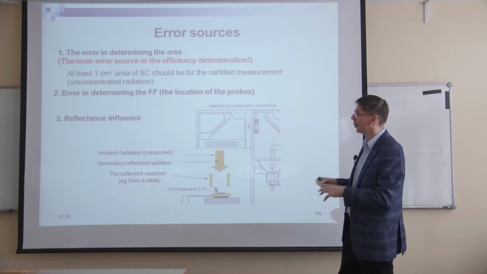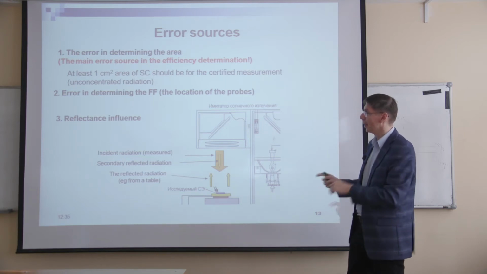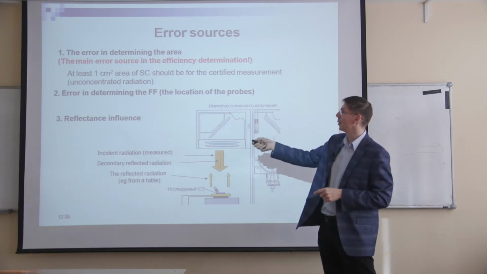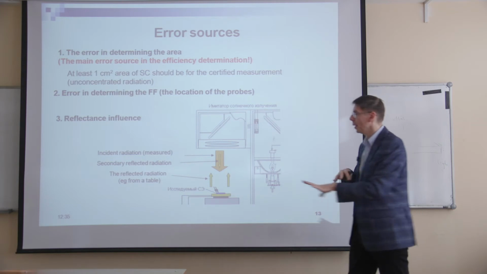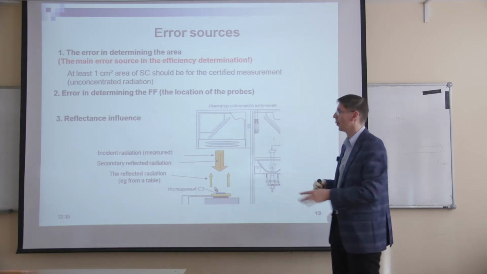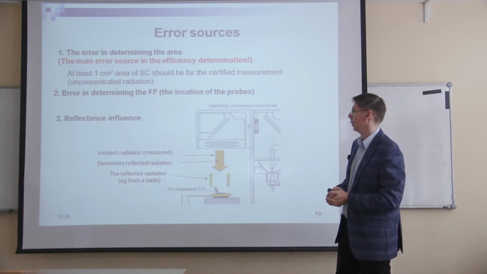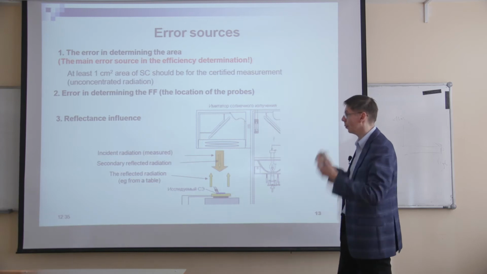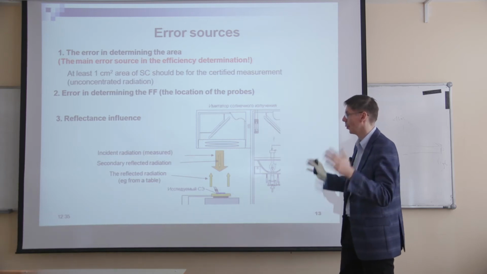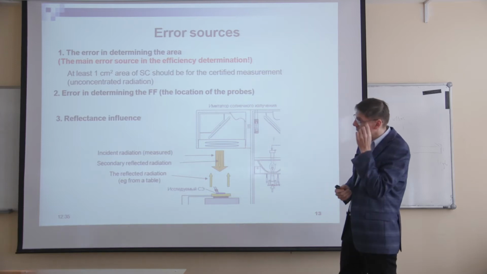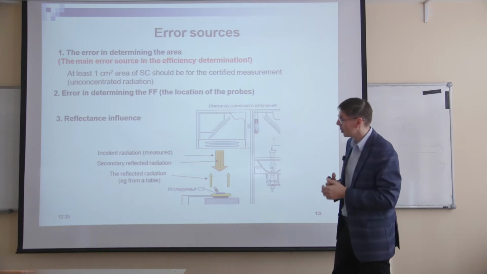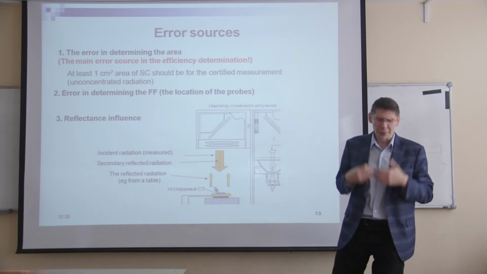So you have to realize the dependence of fill factor on the position of the probes, if you have some problem with the sheet resistance of your grid or your TCO layer.